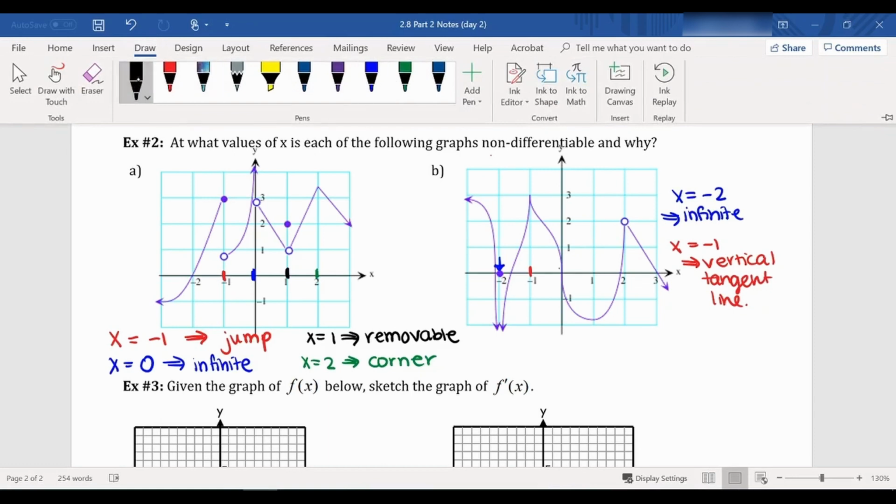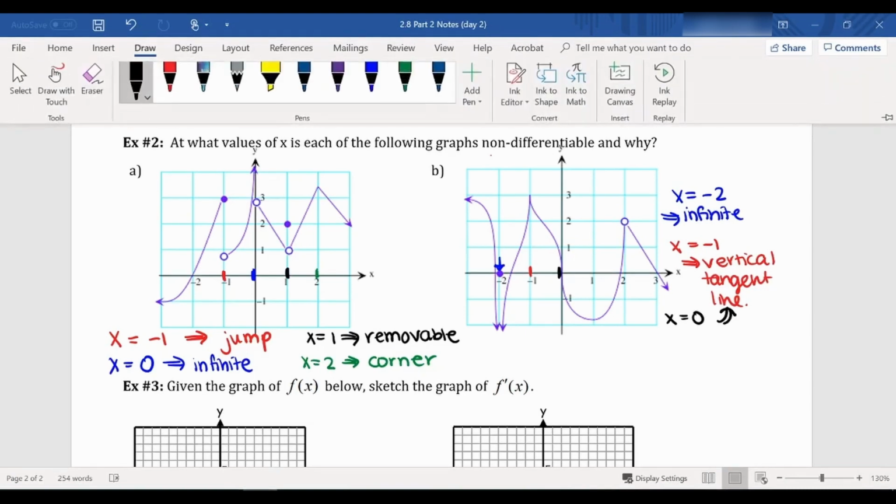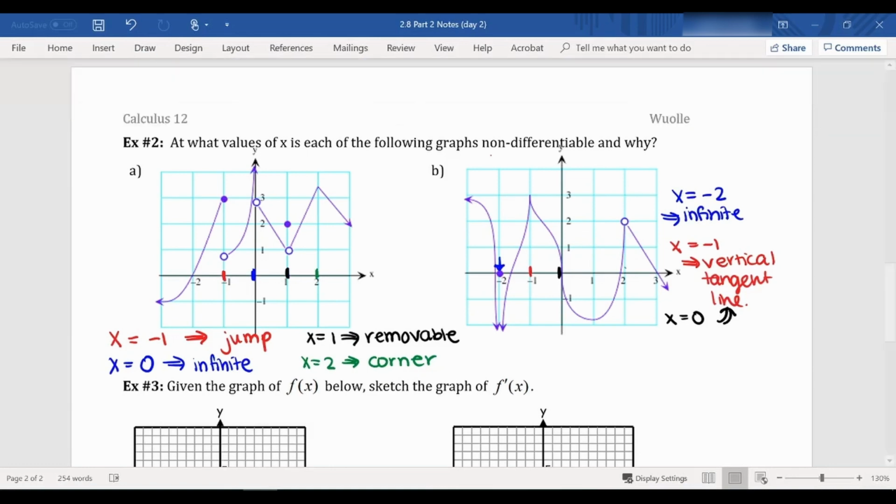We have discontinuity at 0, also a vertical tangent line. And we have discontinuity at 2. This is removable.